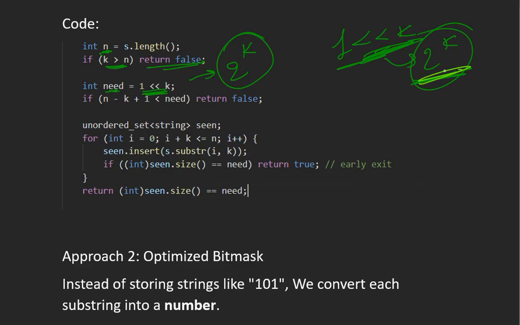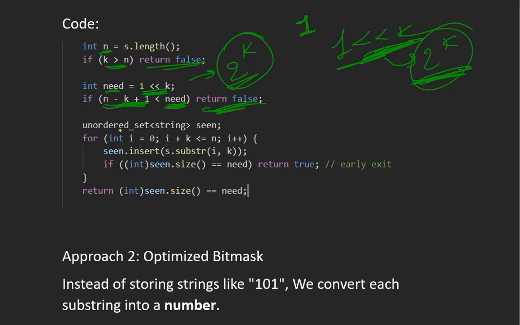One left shift k is equal to 2 to the power k, meaning you shift the bit 1, k times, right? And then the number of windows is n minus k plus 1. If that is less than need, or less than 2 to the power k, then also we return false, because even if each window gives us a unique binary code, that is less than our need, so we return false.